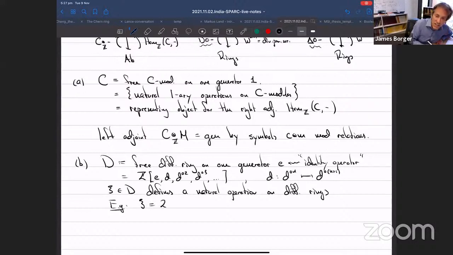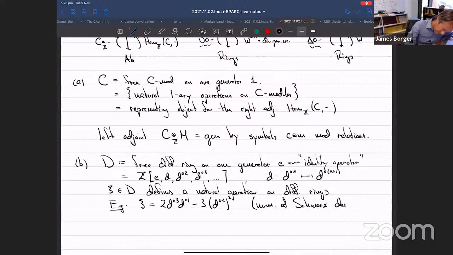So this will be like 2 times the third derivative times the first derivative minus 3 times the second derivative squared. So this is the numerator of the Schwartzian derivative, that people in Teichmuller theory care about.